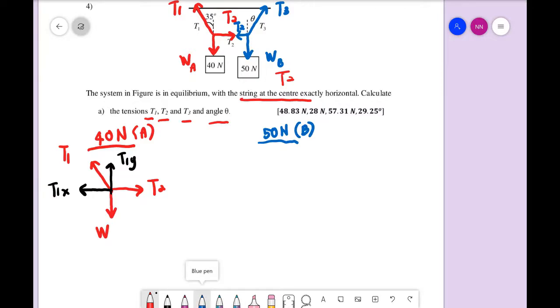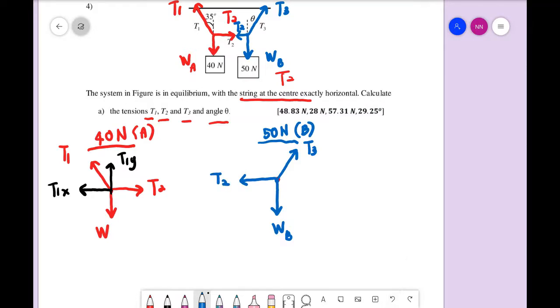So we can draw the free body diagram for the object of 50 Newton. It has weight vertically downward, and then it has T3 here, and it has T2 horizontal. This is T2.